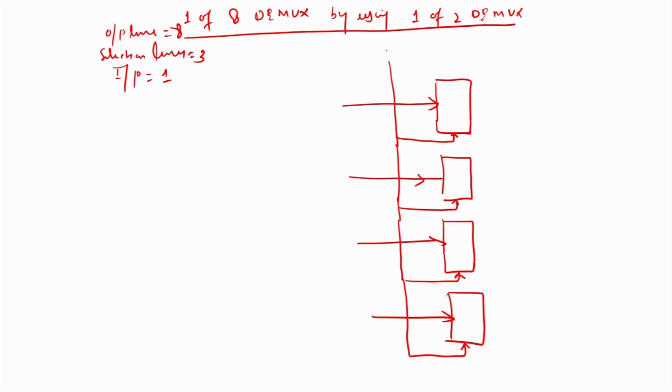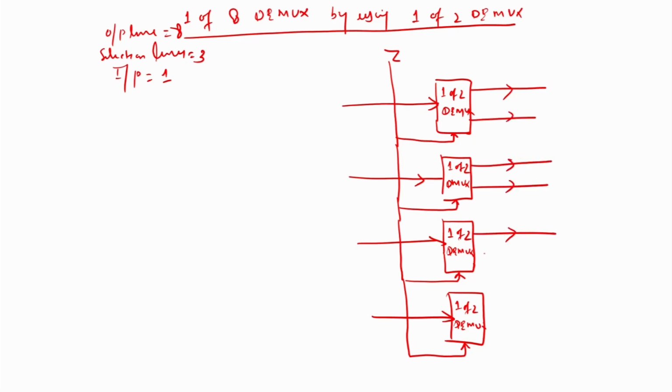Now here this is 1 of 2 DMUX, this is also 1 of 2 DMUX, this is also 1 of 2 DMUX, this is also 1 of 2 DMUX. Then there are 2 outputs each.